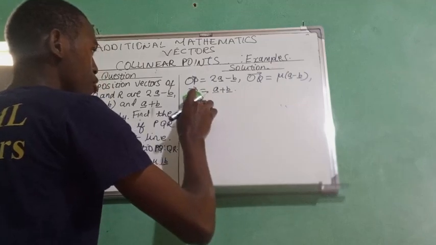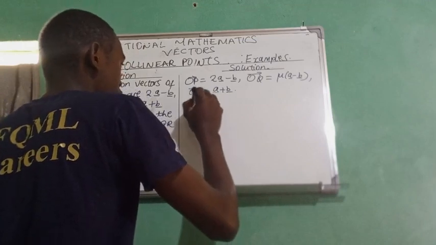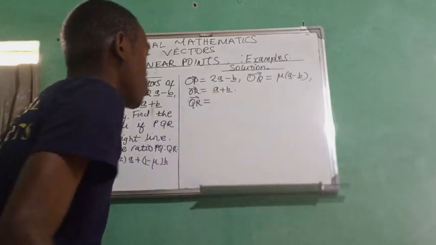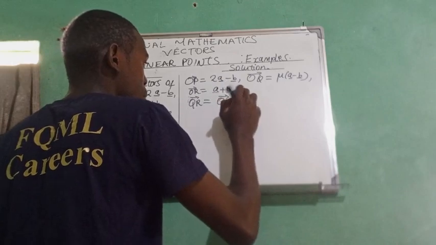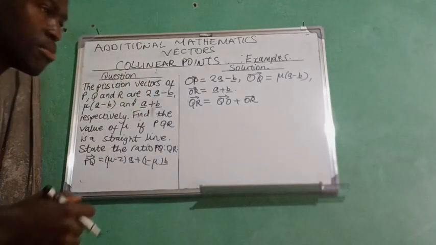Due to space, I'm going to be erasing. And then we have our QR. QR is equal to QO plus OR. The way these position vectors work, you just manipulate them.